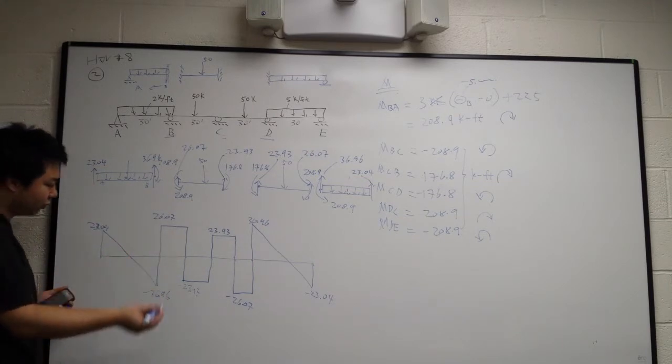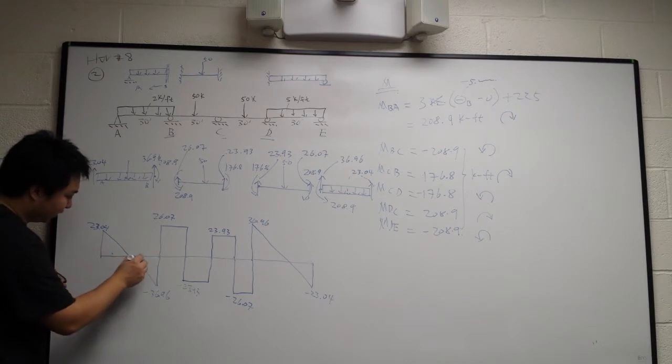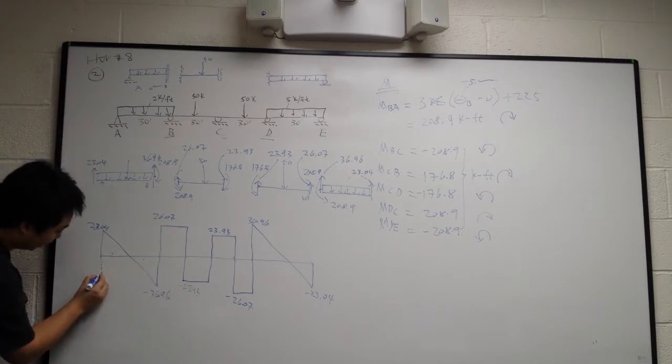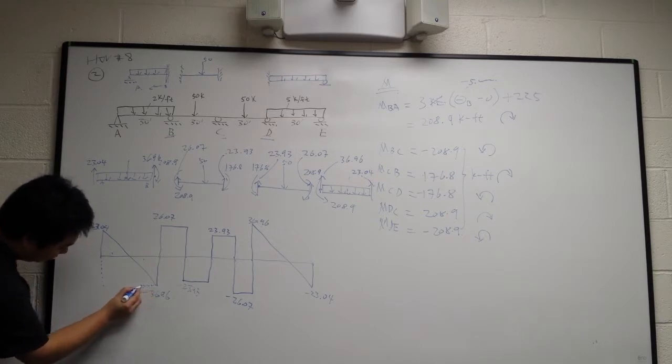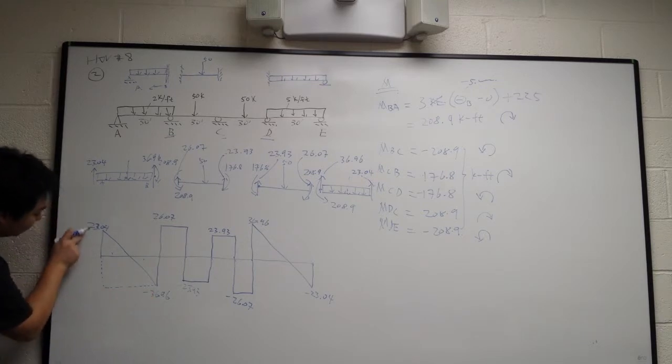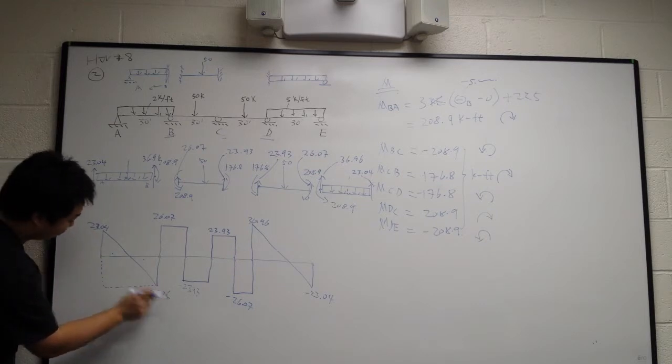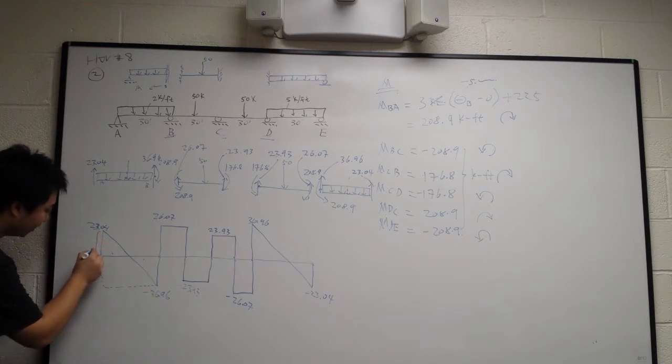But before you do your moment diagram, you have to find this distance and this distance. So you can take this as a big triangle. Here to here, you just add 23.04 plus 36.96. So the whole thing should be 60.